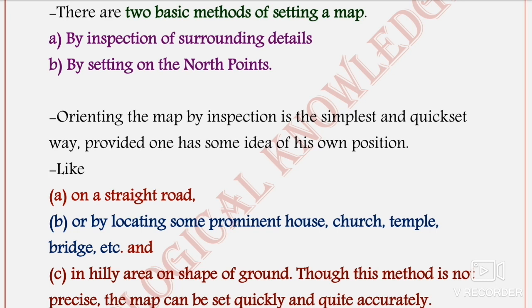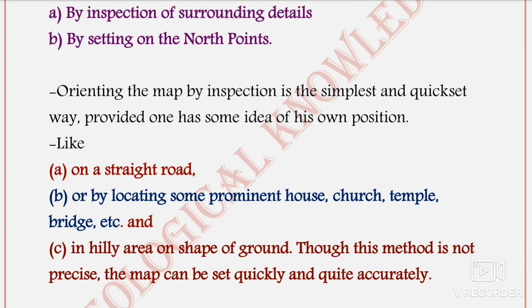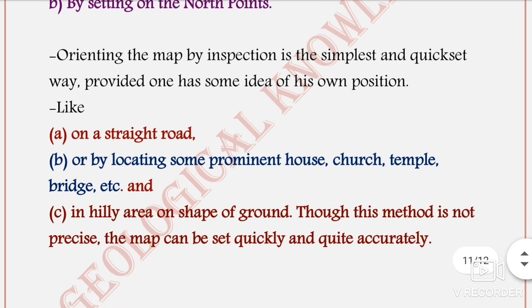So the direction in the map as well as the direction on the ground, these two things should be at the same angle or in the same direction. Some idea of his own position. This is very important. How to orient a geological map?